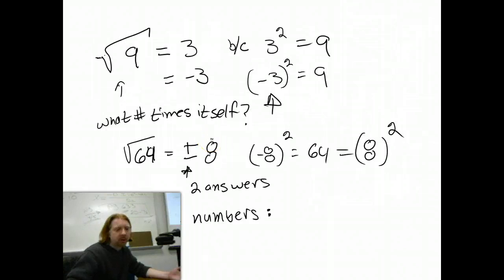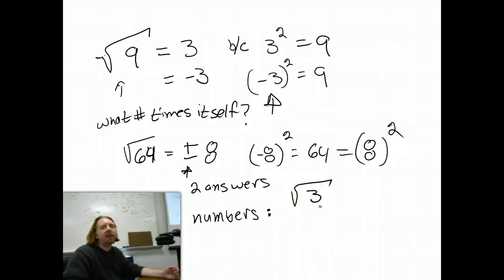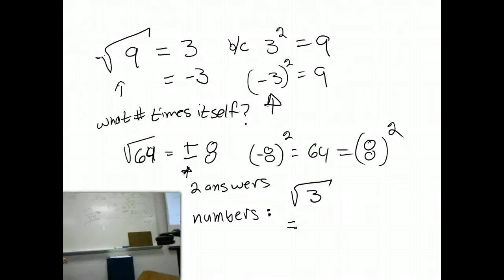Irrational numbers are what happens when I take the square root of a number that doesn't have neat, perfect squares. There is no neat answer to the square root of 3, is there? No, it's a decimal.